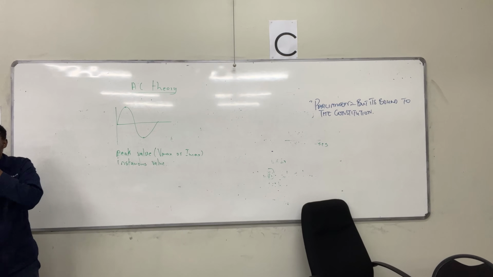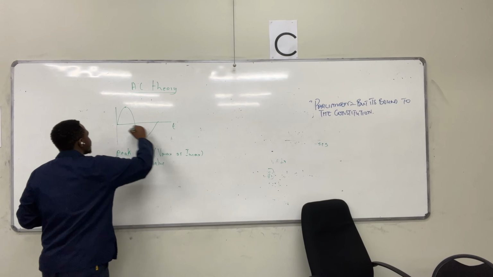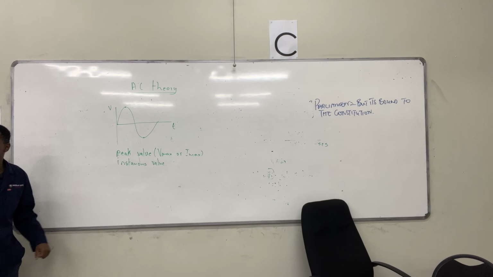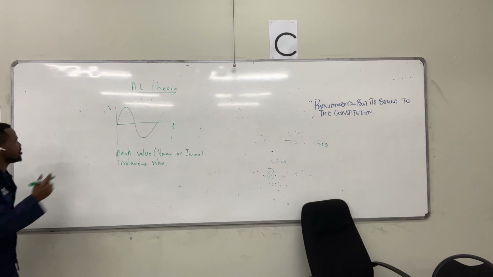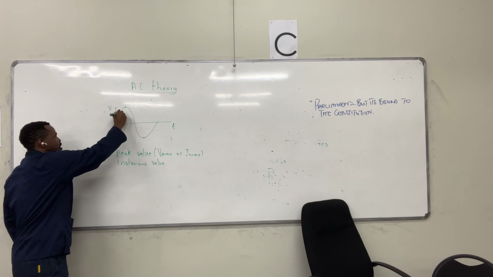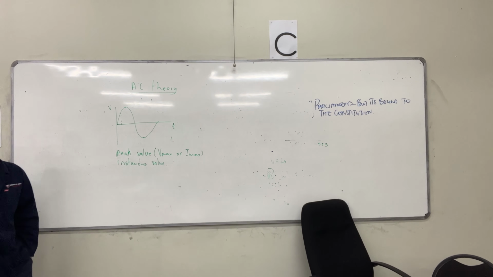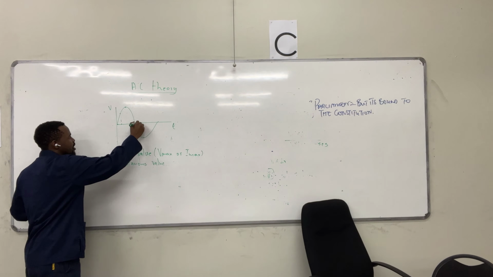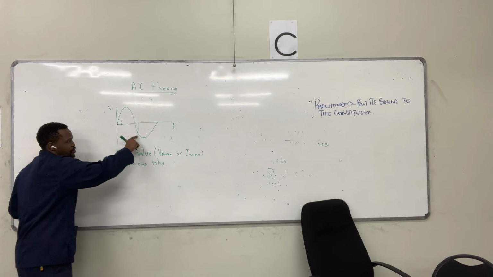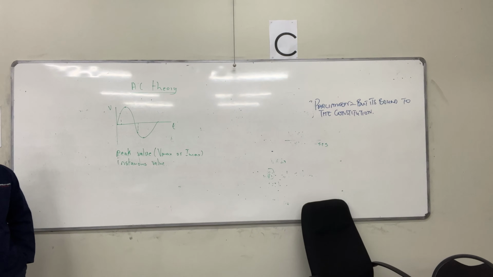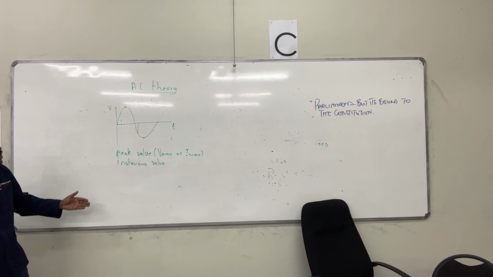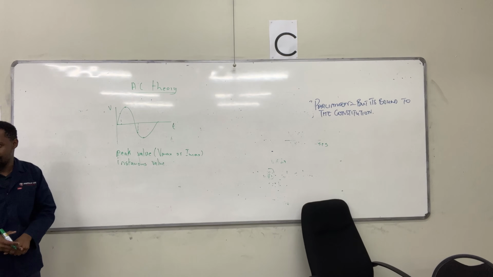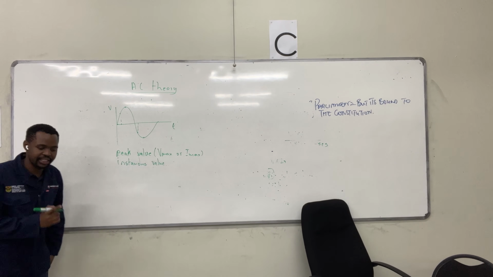Let's say it's voltage versus time, and the examiner wants you to calculate the voltage after 3 seconds. Well, that is an instantaneous value. What is the voltage after 11 seconds? Next example, 11 seconds, you find that. It's any instantaneous value, any value along the sine wave. That is the instantaneous value.